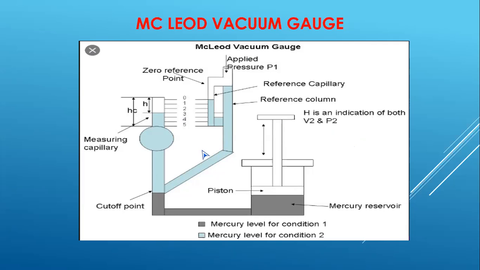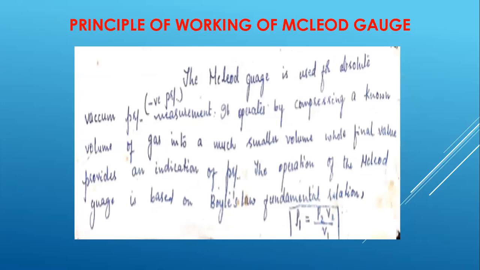That is the negative pressure. The only gauge available for measurement of negative pressure is the McLeod gauge. This is the explanation for the McLeod gauge. This is the only gauge which satisfies Boyle's gas law, that is P1 equal to P2 V2 divided by V1.